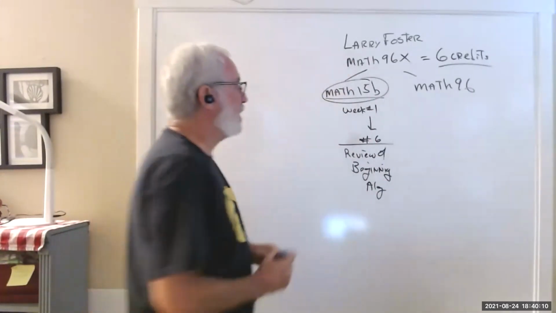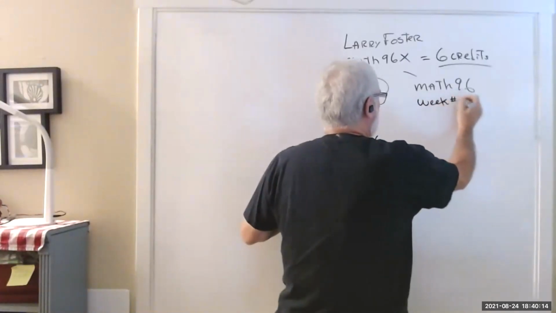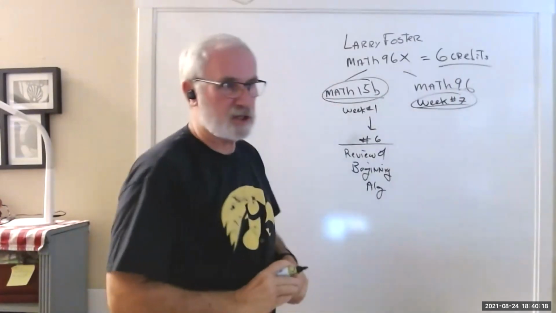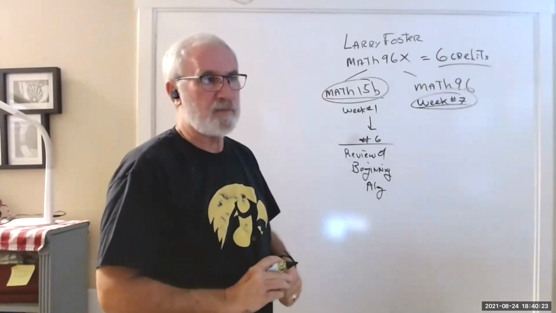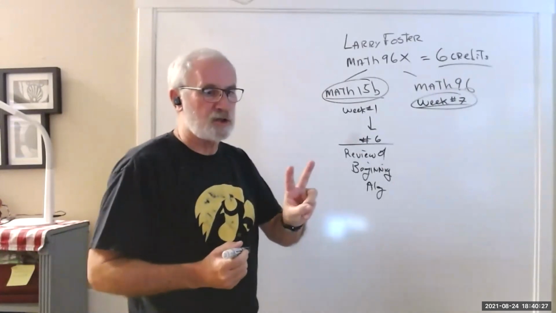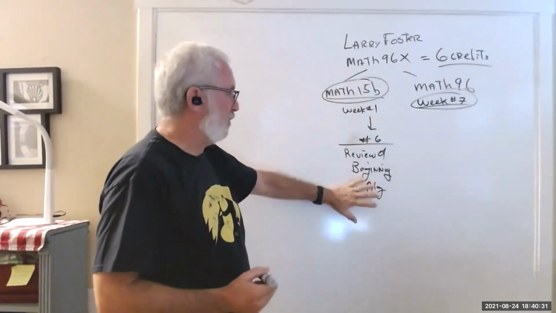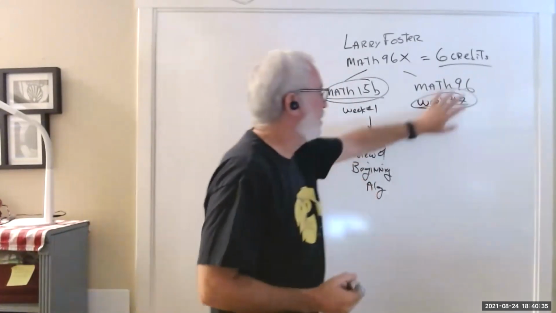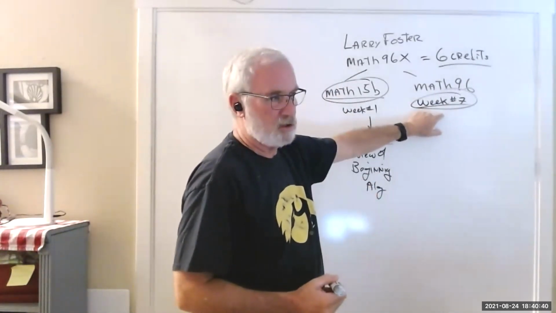After week 6, starting around week 7, that's when we're going to start the Math 96 part, the intermediate algebra part. So basically what you're getting in this class is 2 classes in one. You're getting a quick review of beginning algebra, and then we're going to go into intermediate algebra, which is Math 96.